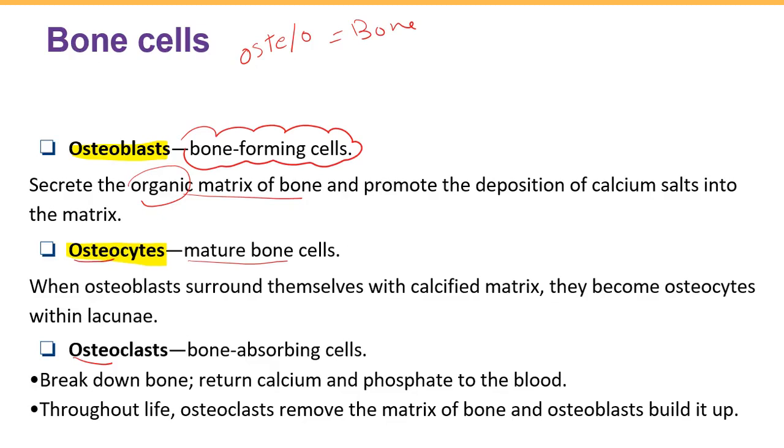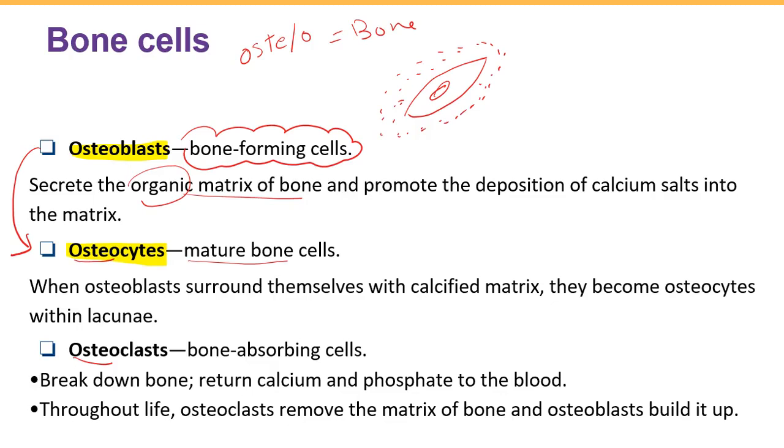Then we are going to call those cells osteocyte. So how are we going to produce the osteocyte? Actually from an osteoblast. When we have the osteoblast, it is going to produce the bone matrix, and then after a while would be trapped inside of this bone matrix, and after that we are going to call this osteocyte.